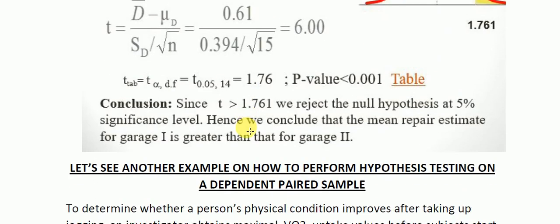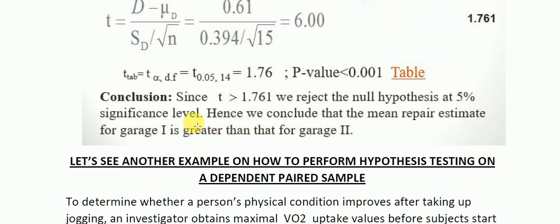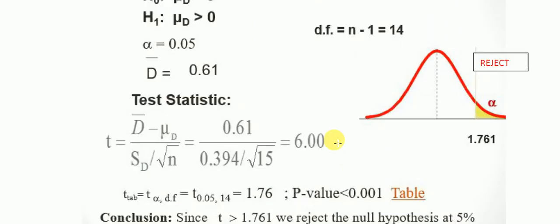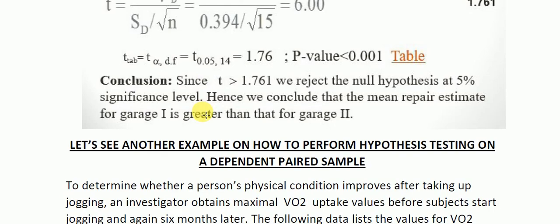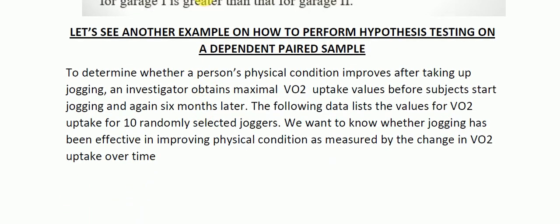Hence we conclude that the mean repair estimate for garage 1 is greater than that for garage 2, because this was the alternative hypothesis that we had to prove. So this is it. Now moving on to another example.